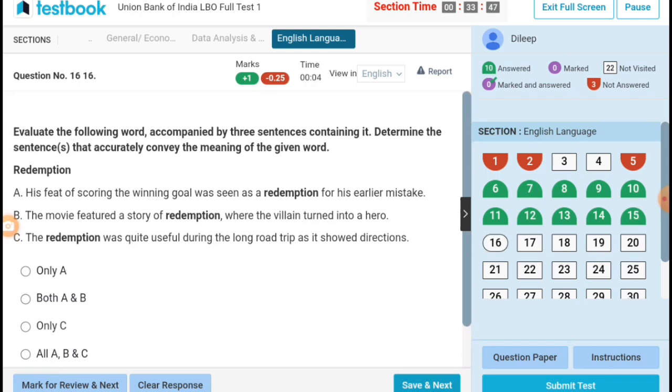Next, redemption. His feat of scoring the winning goal was seen as a. The movie featured a story of redemption.